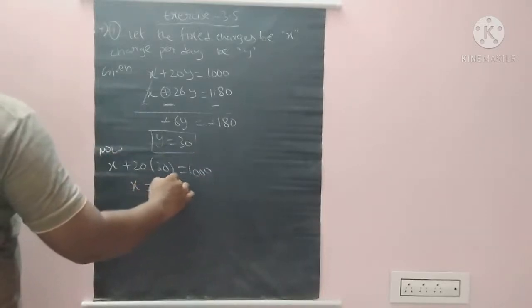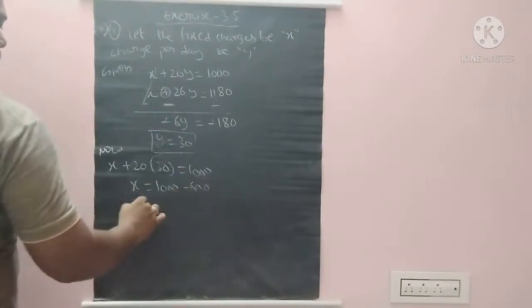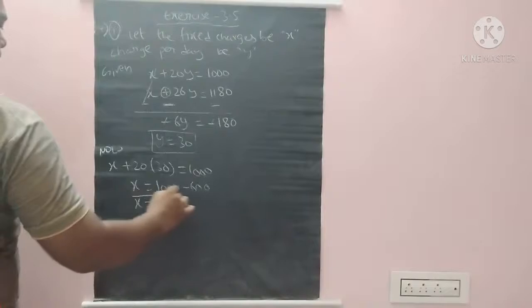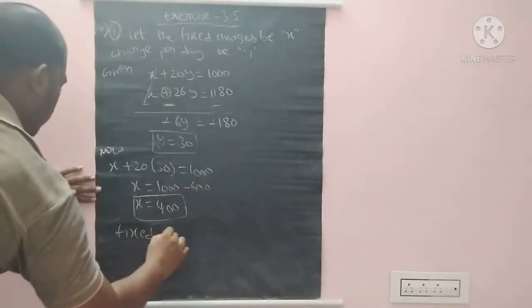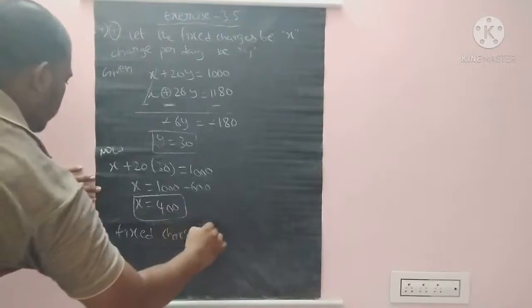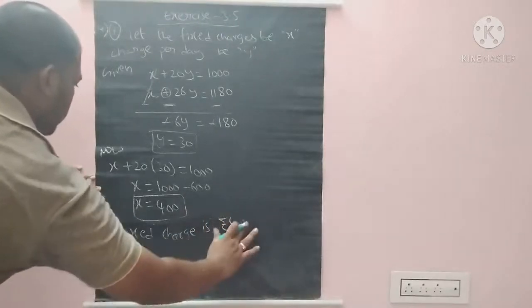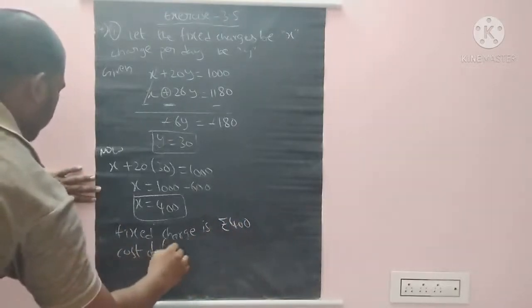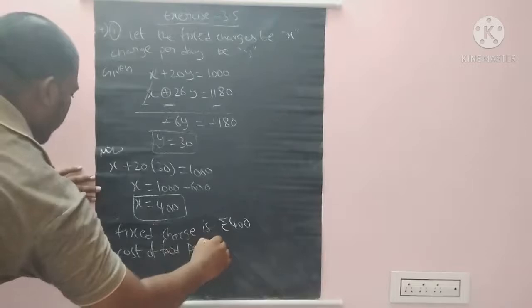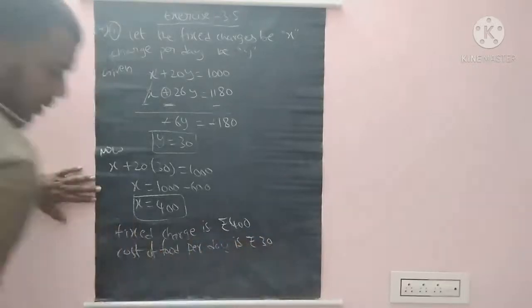X equals 1000 minus 600, so x equals 400. So the fixed charge is rupees 400, and the cost of food per day is rupees 30.